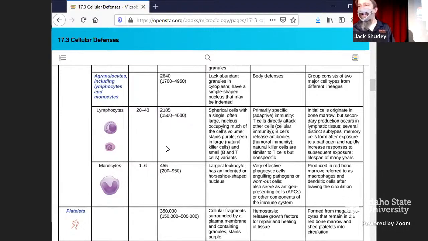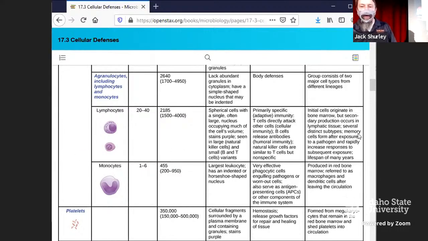And again, specifics with immunity, T and B cell wise, that we'll hit here in a bit, but thinking about stimulating these cells, some that we've already talked about and others, to come in and respond, and also the production of specific antibodies dependent upon what's being presented, are some of the roles of our lymphocytes.